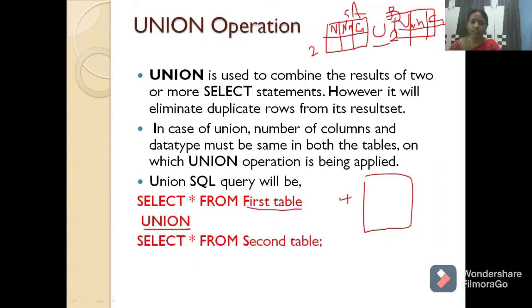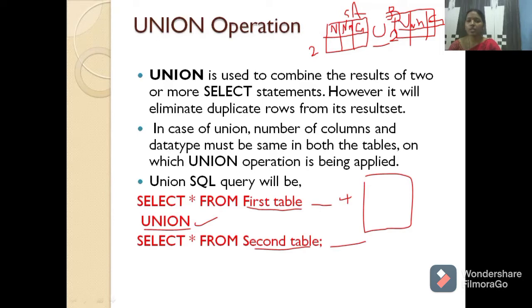Union is a keyword. Select star from second table. You can apply a where condition here, and here also you can apply where condition, group by, having, order by, anything. Like we did in yesterday's class, every condition with the select statement, you can write that select statement here, and you can write the select statement here, and perform the union operation over them.